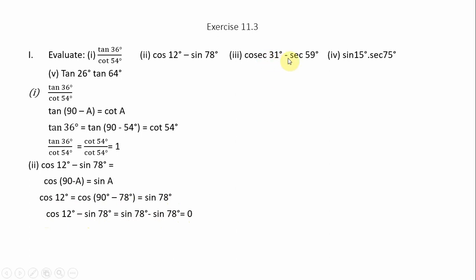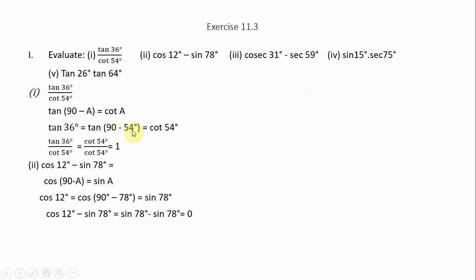Similarly, you have cosecant and secant. So here what will you write? Cosecant 31 degrees minus secant 59 degrees. First you have to write cosecant 90 minus A is equal to secant A, right? That is the formula. Now cosecant 31 degrees is equal to cosecant 90 minus, what should be subtracted from 90 to get 31? 59.